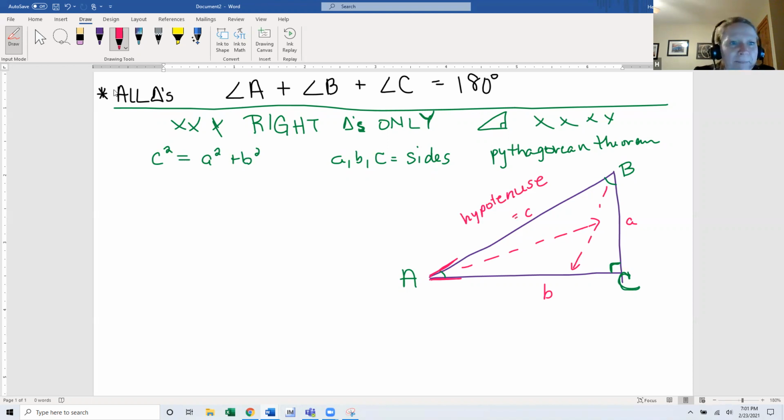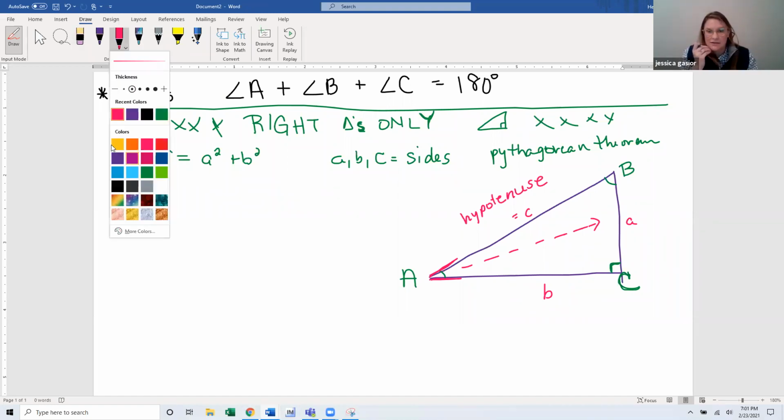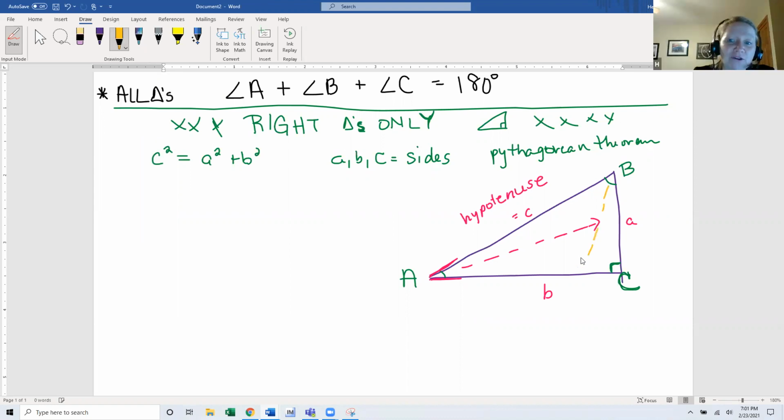Okay. I'm gonna make this a different color so it shows up better. You said it was the longest side and that it's always across from C? Yep, always across from the 90. Oh, in this case, we called that angle C, but yeah, it's always across from the 90.